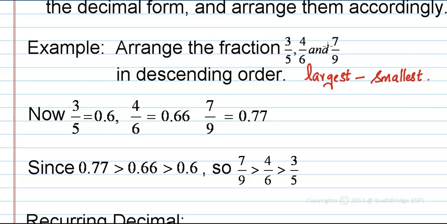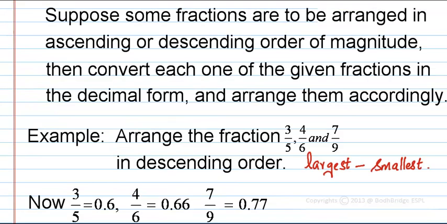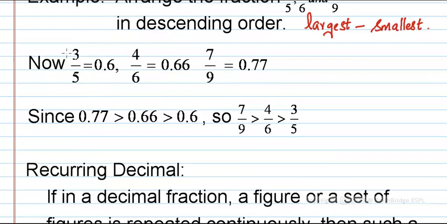So what you have to do is, as per the given statement above, convert each one of the given fractions into decimal form. The given values are 3 by 5, 4 by 6, 7 by 9.